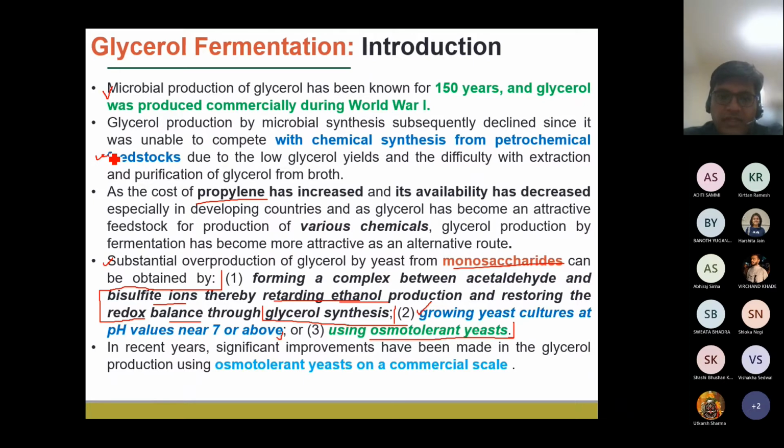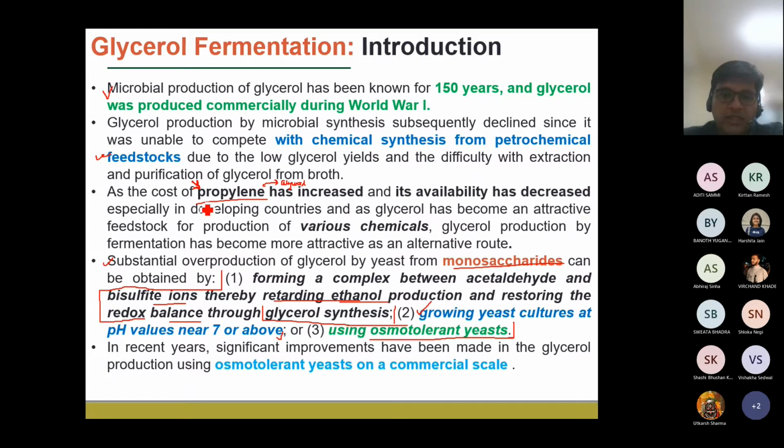In the chemical process, propylene is used as the precursor, and in the presence of acid catalysts it is converted into glycerol.